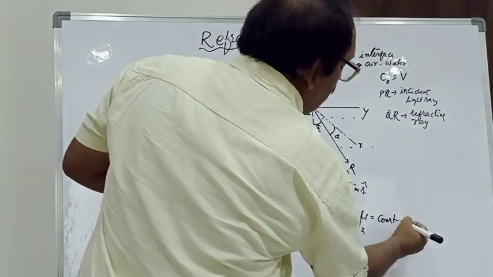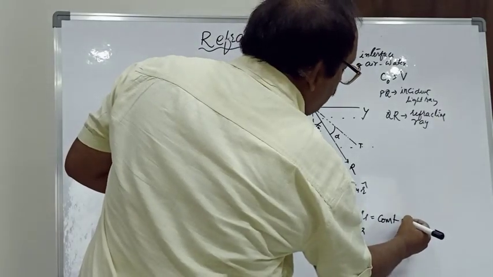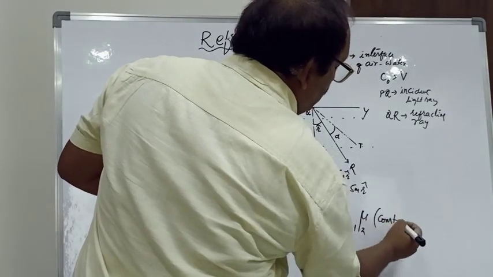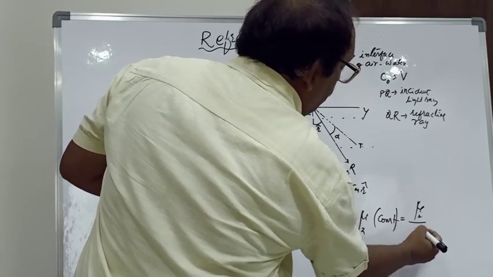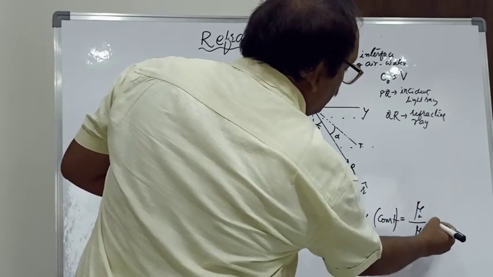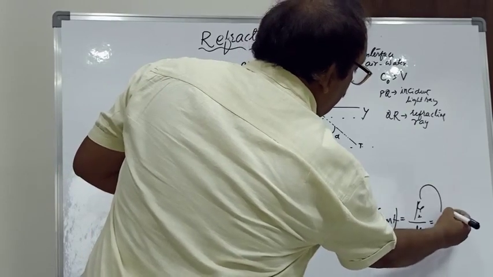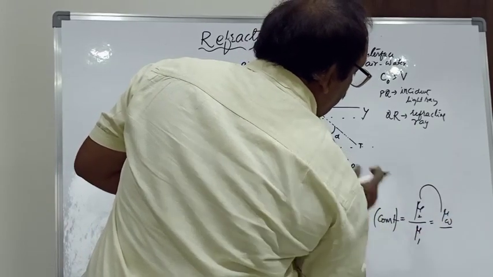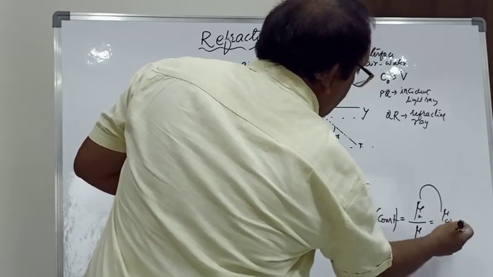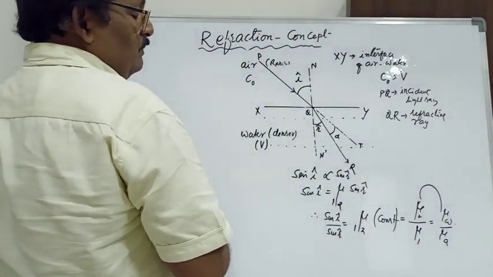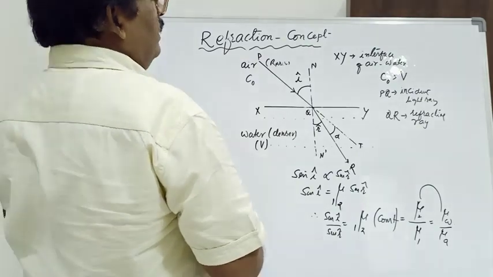We can also write this as the refractive index of the second medium with respect to the refractive index of the first medium. Here the second medium is water and the first medium is air. So this is also called the refractive index of water with respect to air. Please note this.